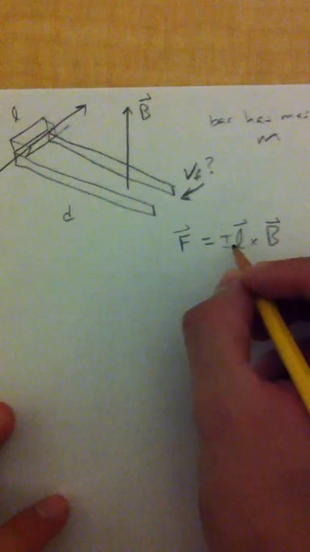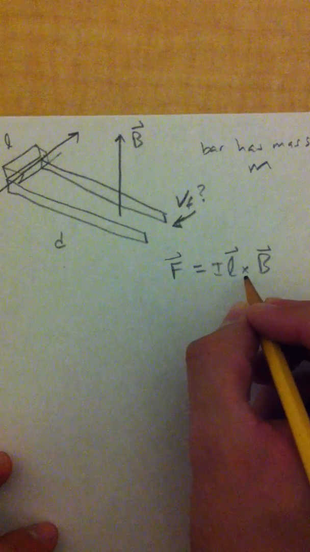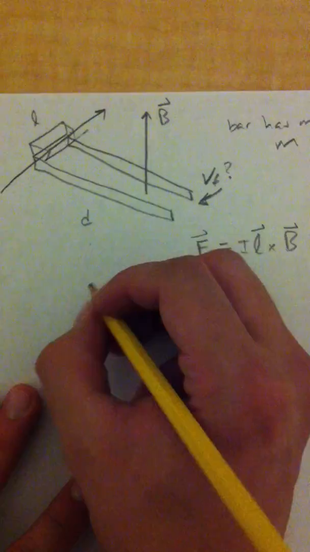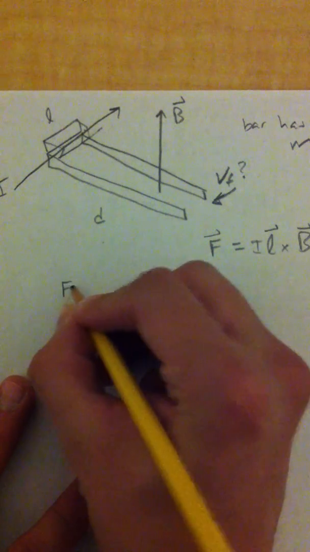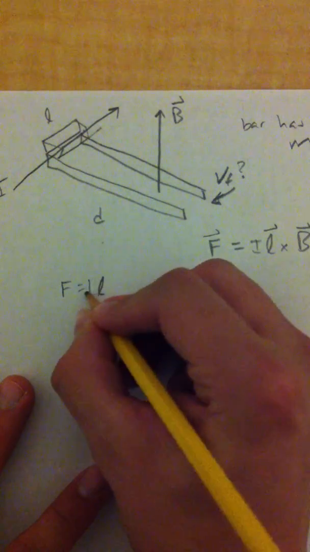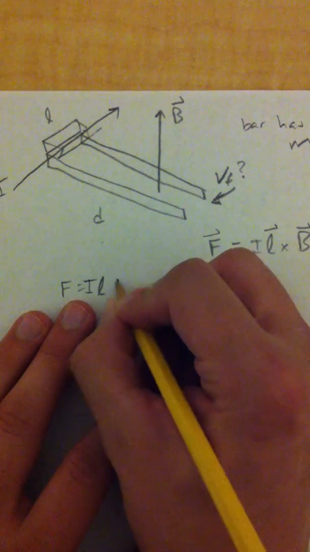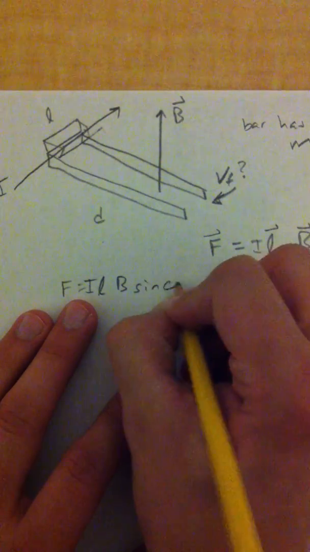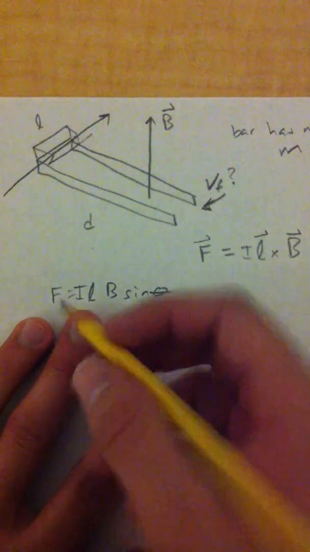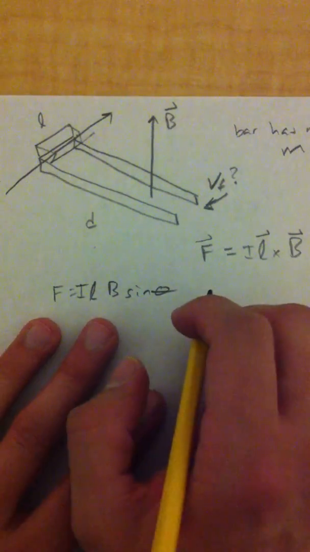So the force, we have it written right here, is the IL cross B. We can simplify that a little bit to get rid of that cross product. So the F is going to equal ILB sine theta. That's what the cross product equals. It's just the magnitude of the vectors times the sine of theta.